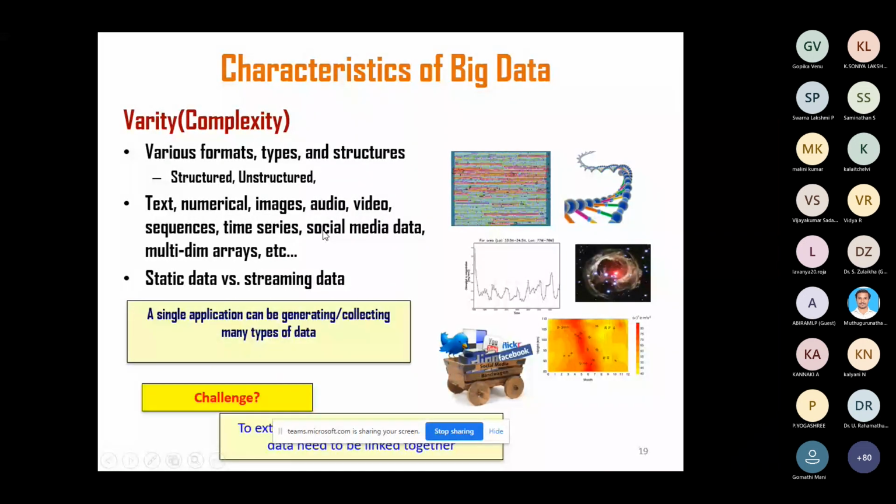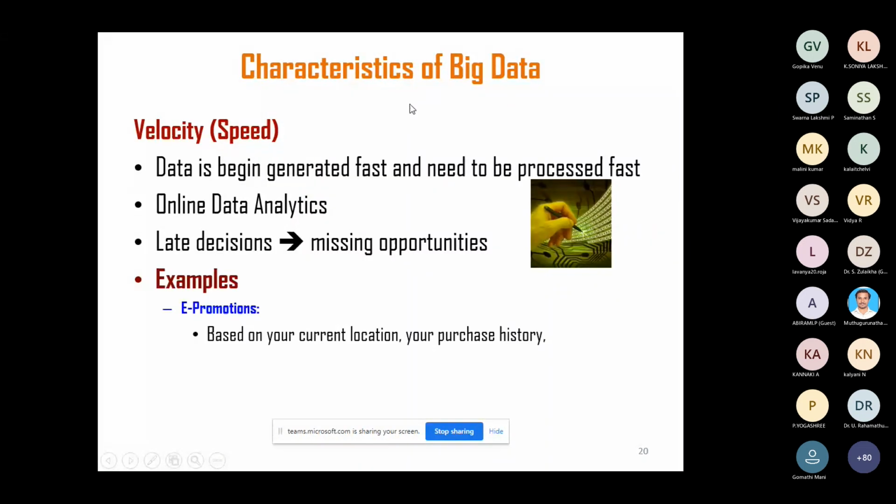We need to extract valuable information from such data formats, and of course this challenge could be very well overcome with the help of big data. Now, another V which I have mentioned earlier is velocity.